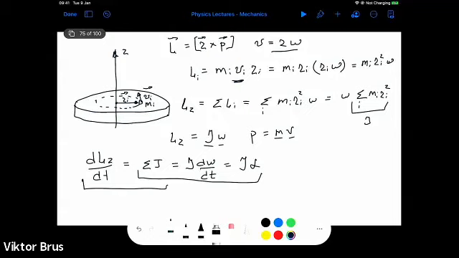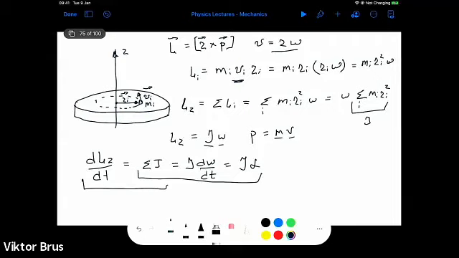So an isolated system for a rotating rigid body will be considered as a system when the net external torque exerted on the system is equal to zero. Analog to the isolated system in terms of linear momentum, when net external force is equal to zero, here net external torque is equal to zero.